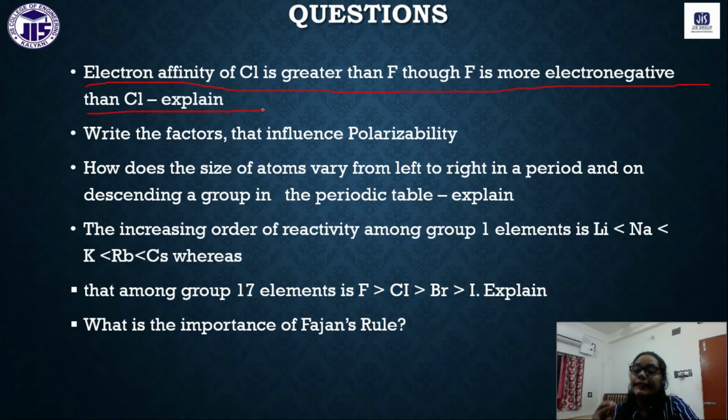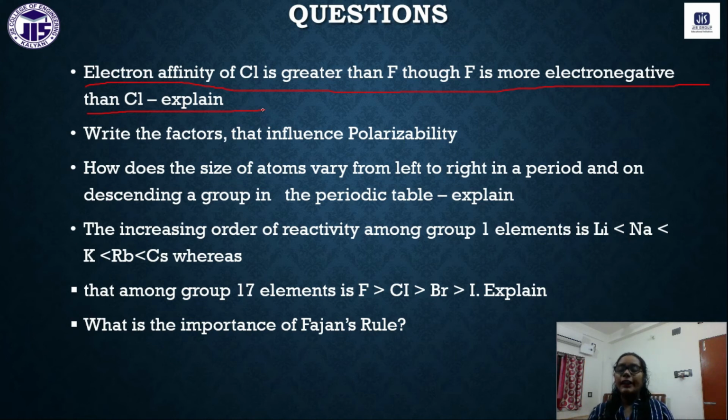Electron affinity is just the reverse process of the ionization energy. If for an atom we want to add one electron in the outer orbital of that atom, the minimum amount of energy released is called the electron affinity.